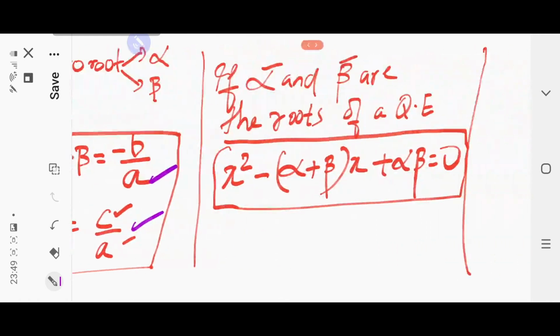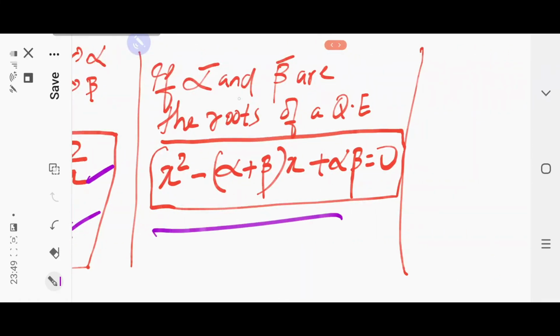Another important relationship is that if alpha and beta are the roots, then you can write the quadratic equation as x square minus (alpha plus beta) x plus alpha beta. Okay. These are the important things to be studied.